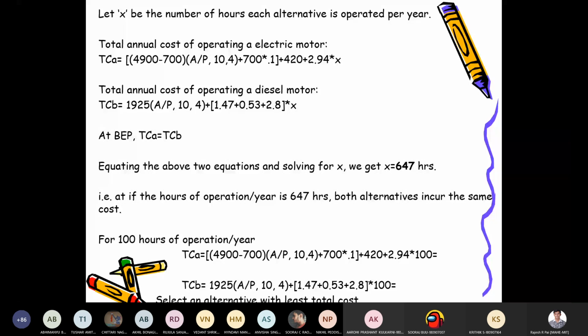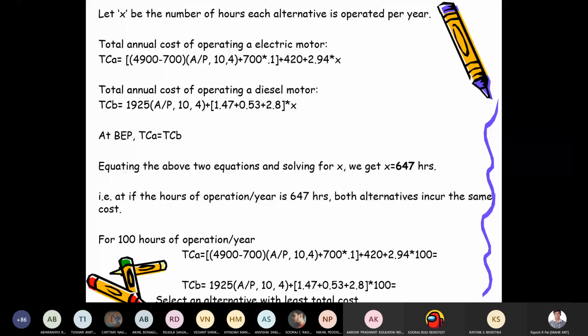That means if the hours of operation per year is 647, both alternatives incur the same cost. That is one part of the question which we needed to calculate.